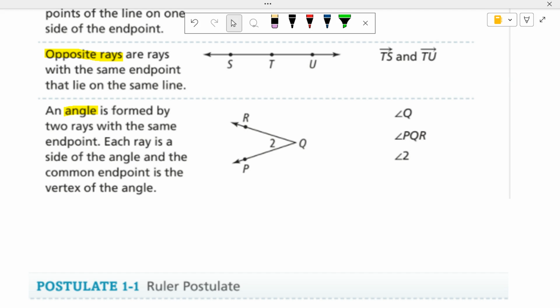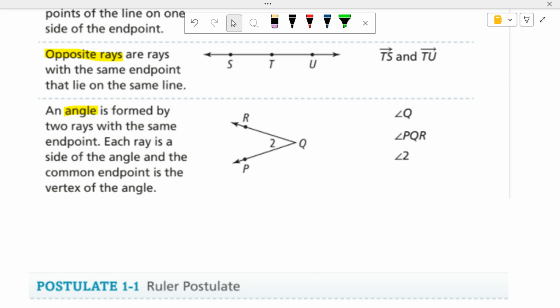Okay, for angles, it's really, really important that you know how to name them. The vertex is always the biggest part of the name. So if you use three letters to name an angle, the vertex has to be the middle letter. So the middle letter is the vertex.